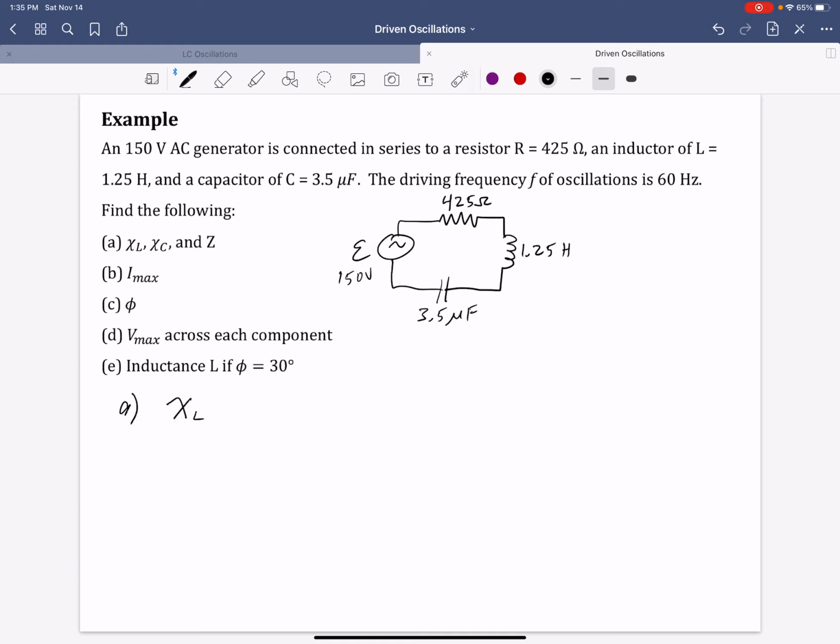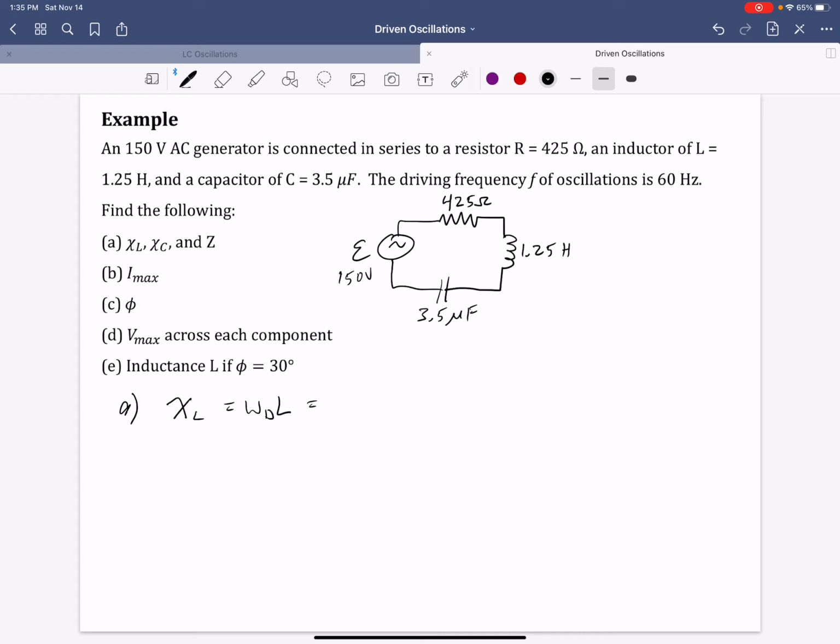The reactance L, chi sub L, is equal to omega D times L. So note here, it tells us that the driving frequency, f, not omega, the frequency is 60 hertz, okay, and that's important, right? Otherwise, we'd be off by a factor of 2 pi.